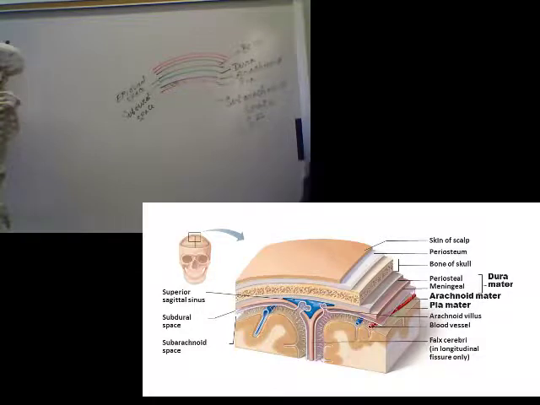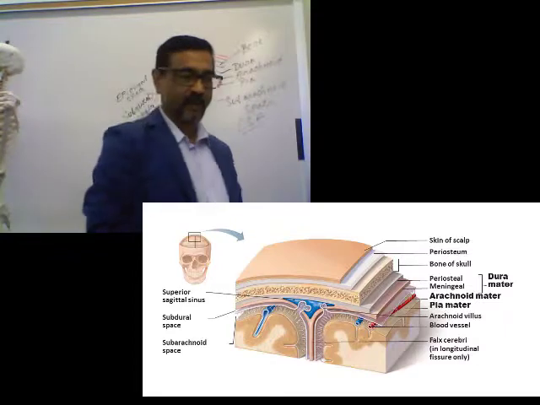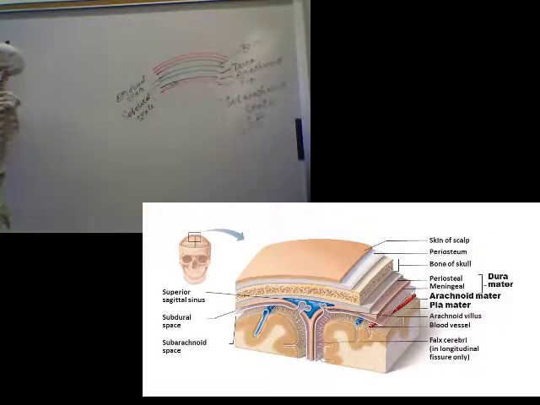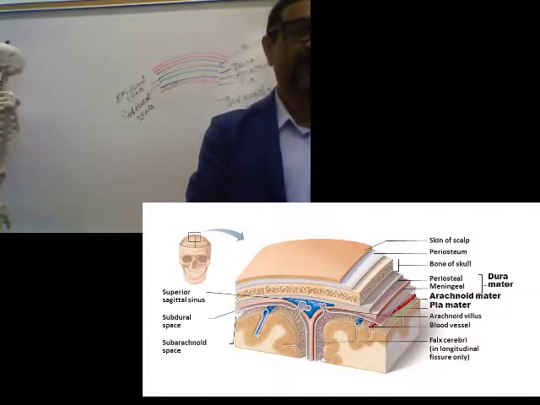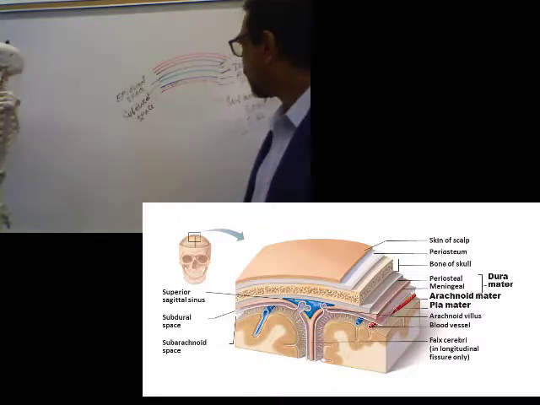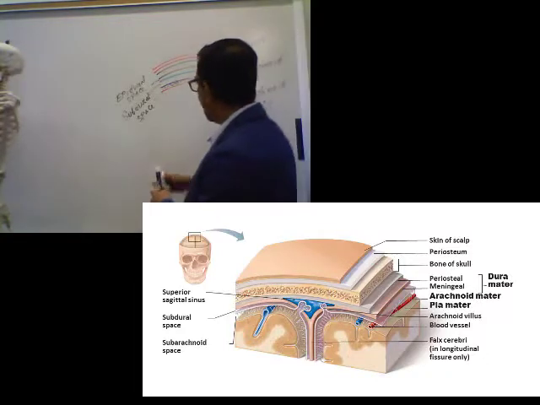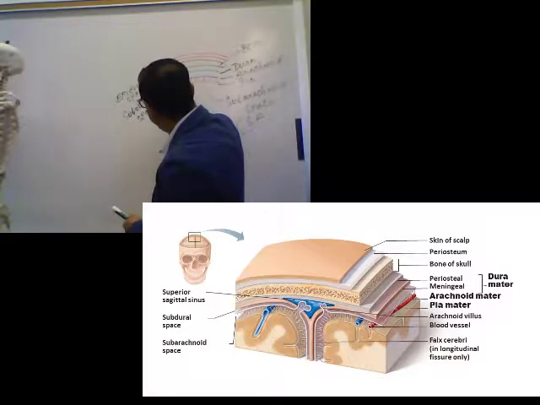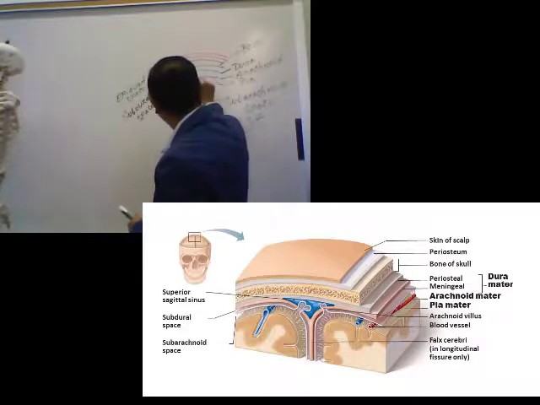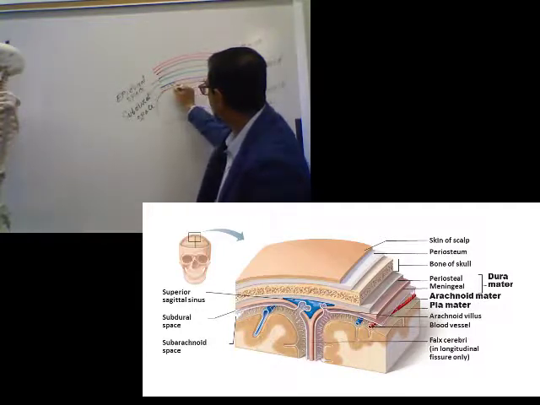Cerebrospinal fluid is also a protection of the brain. So all these structures are to protect the brain. And then innermost is the pia mater, and the pia mater is directly attached to the brain. So this is your brain.